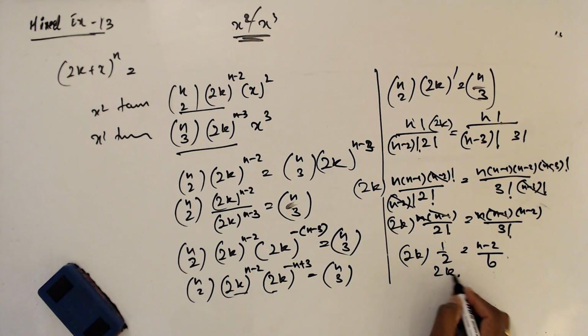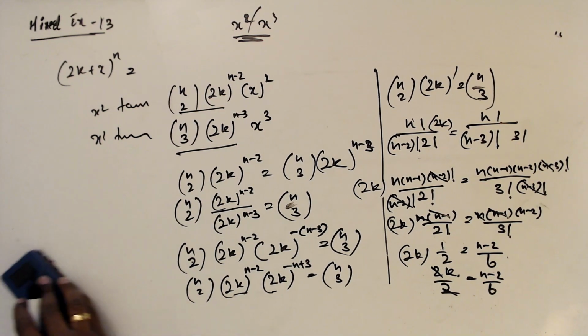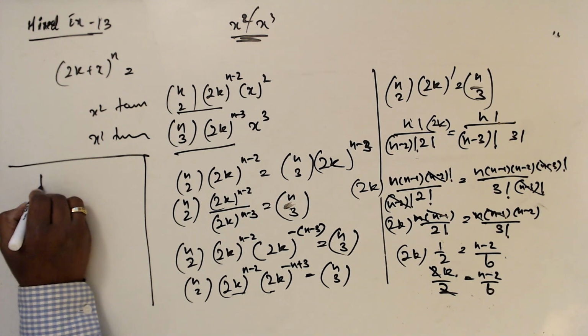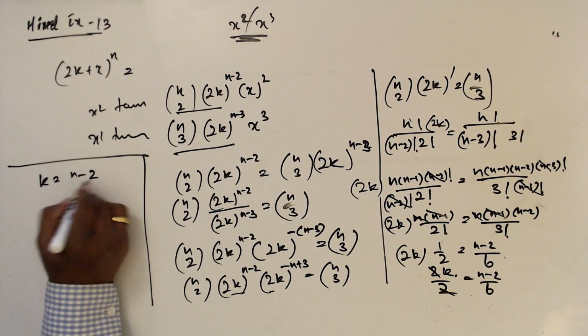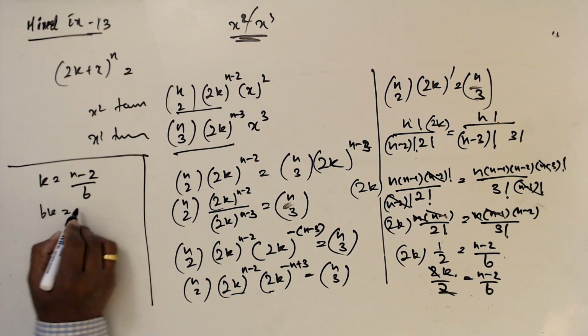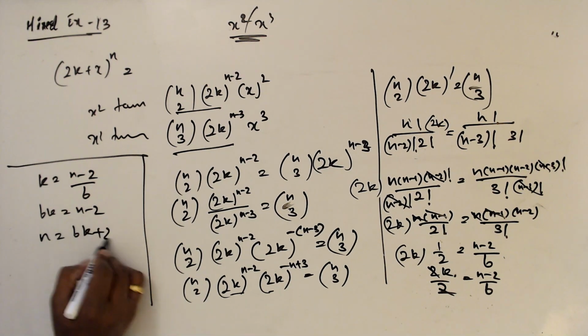Now 2k divided by 2 equals n minus 2 over 6. So the 2s cancel out, then k equals n minus 2 over 6. So 6k equals n minus 2, n equals 6k plus 2.